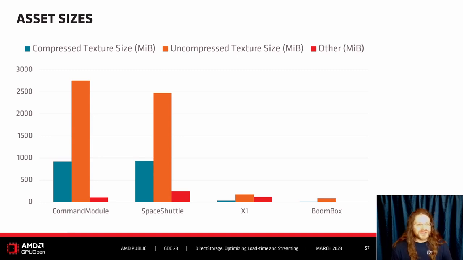When the textures are compressed using DirectStorage, we can see that the command module is just under 1 GB of data. The uncompressed size, though, would have been about 2.7 GB of data. A similar scenario plays out for the Space Shuttle. That's quite a bit of data to be loading in the amount of time that we're doing so.